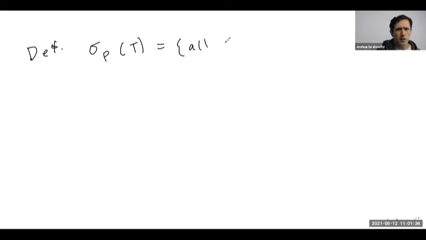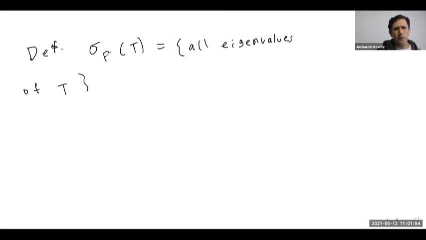All right. So actually, I want a definition. So I'm going to use this notation. Sigma p of T is going to be just the collection of all eigenvalues of T. So let's say T is just a linear map on a vector space.